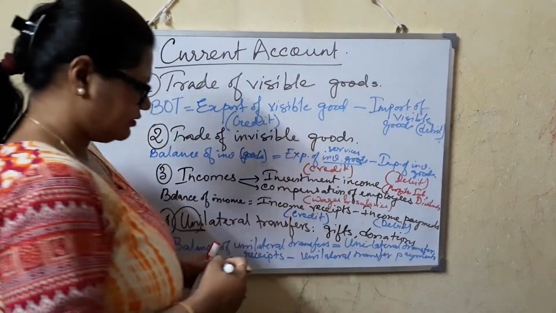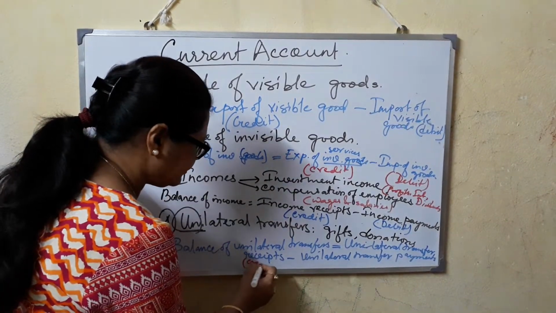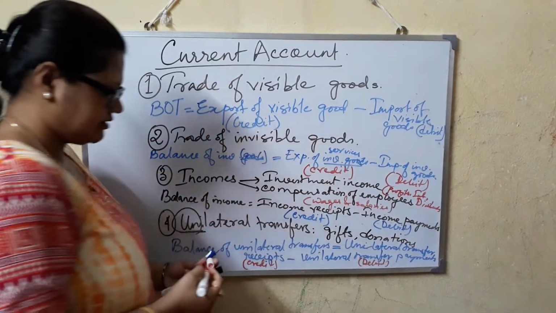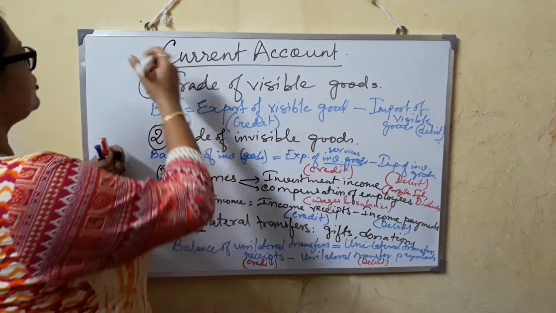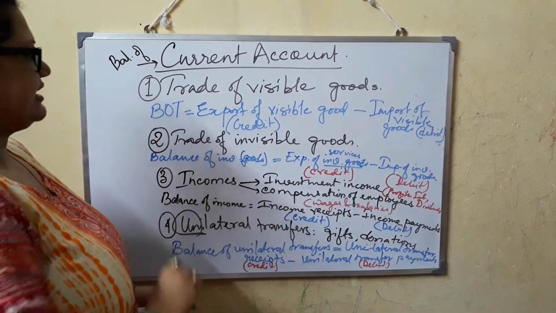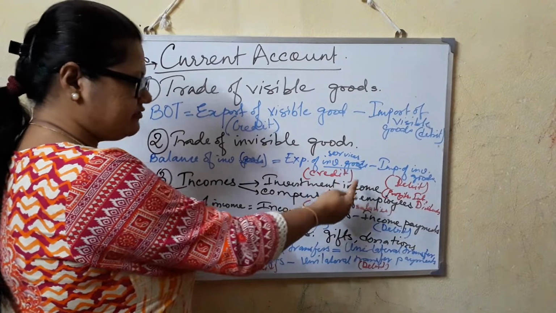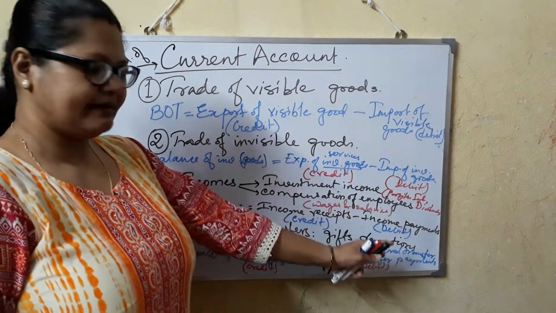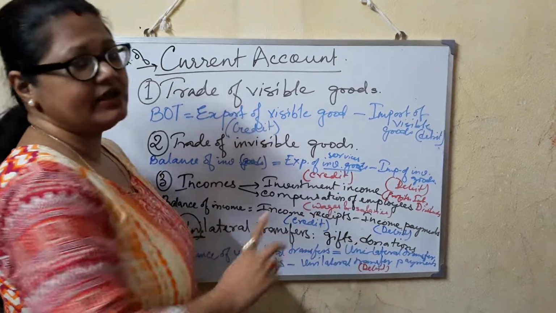Okay, here also we can see that receipts are the credit side because there is an inflow, and payments are the debit side because there is an outflow. So when we talk about balance of current account, we will say that export of visible good minus import of visible good plus export of invisible good minus import of invisible good plus income receipts minus income payments plus unilateral transfer receipts minus unilateral transfer payments.